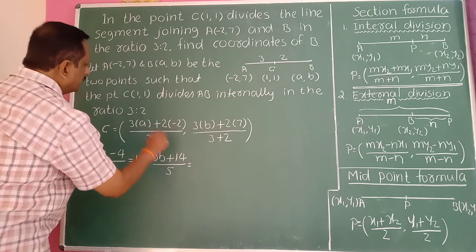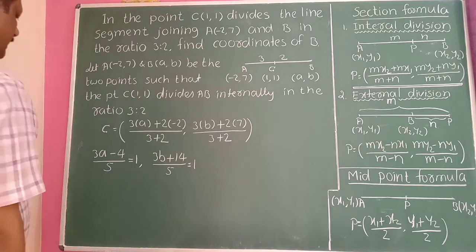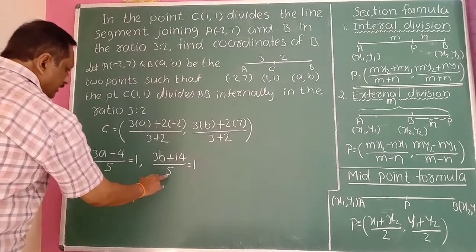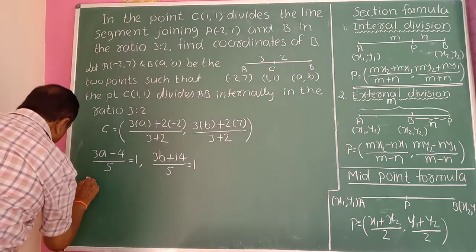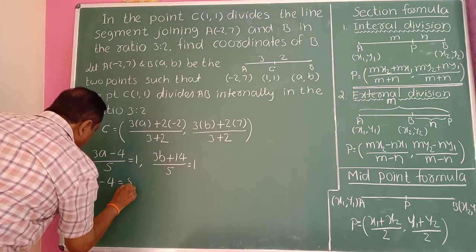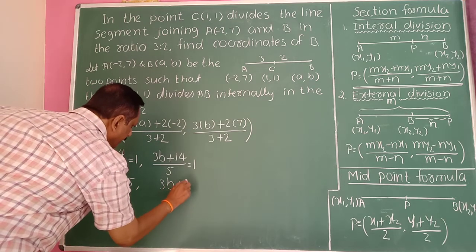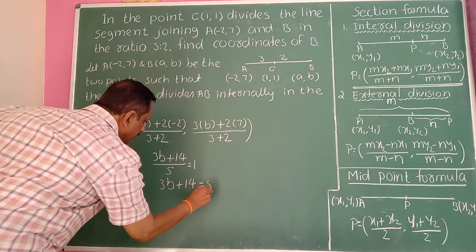Equate this with its y coordinate, 1. Therefore, cross multiply. Take 5 to this side, and this also to this side. So 3a minus 4 is equal to 5 and 3b plus 14 is equal to 5.